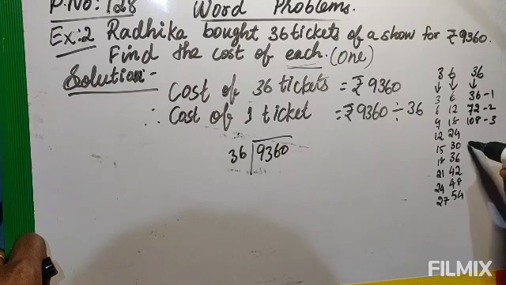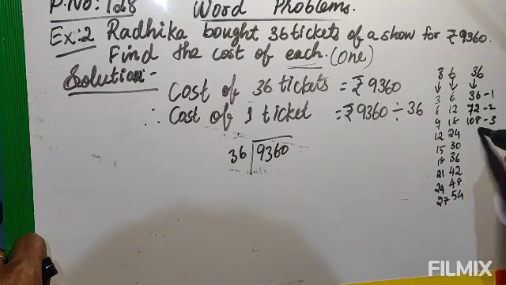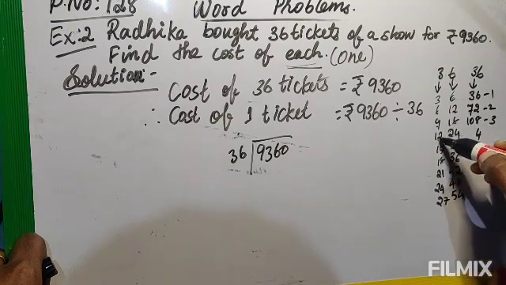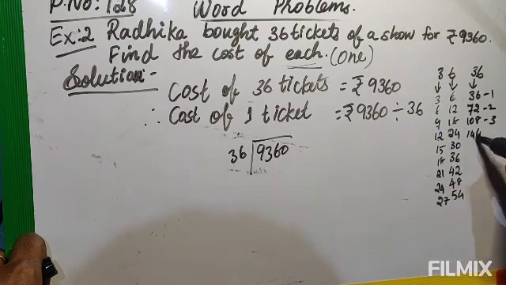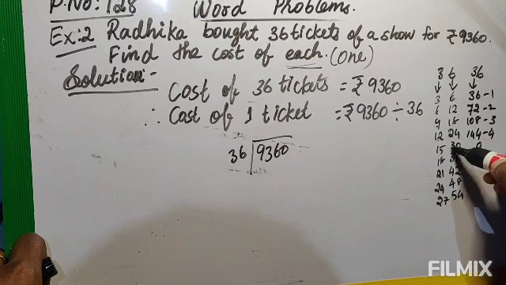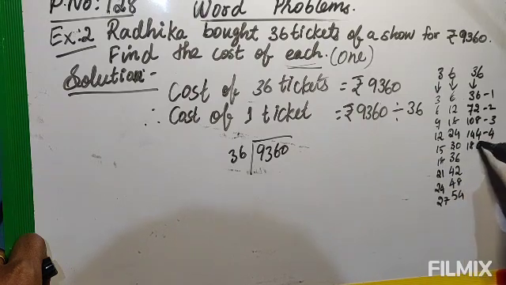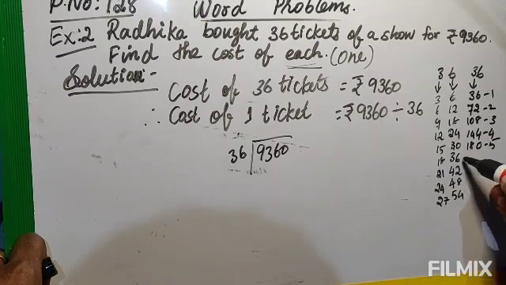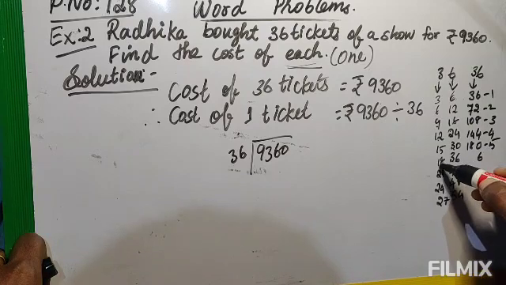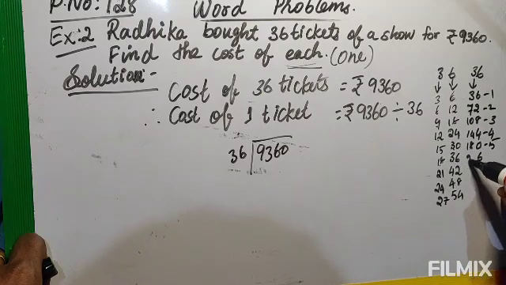So this is the 3 table. Now 4 you write as it is. This 2 you add here. So 12 plus 2, 14. So this is 4 times. 0 you write here, and this 3 you add here. 15 plus 3, 18. This is 5 times. 6 you write as it is. This 3 you add here. So 18 plus 3, 21. This is 6 times.